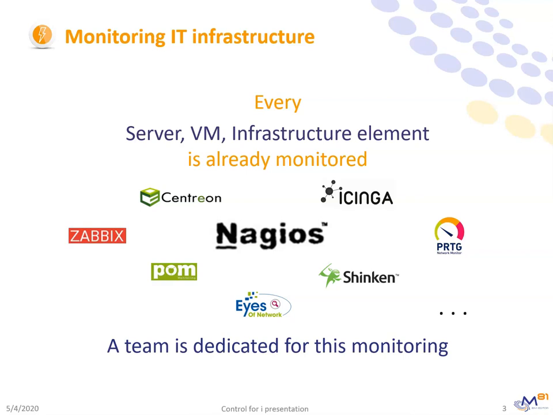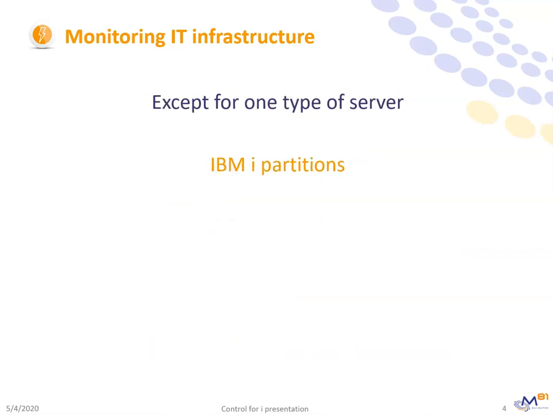In some companies, there is a team dedicated to look if every system is running well and to manage the alerts. Except for one server, IBM server or partitions. That's abnormal because IBM partitions are often an important element in the IT infrastructure of a company.